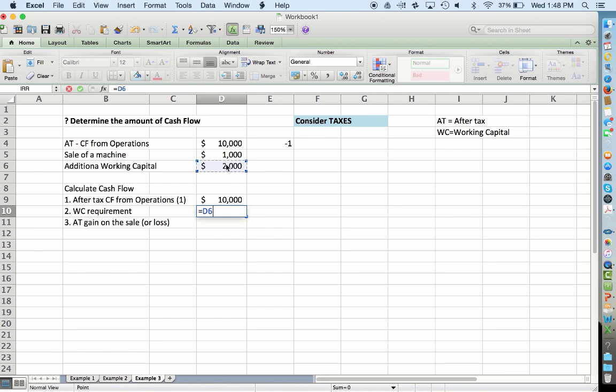Why is it a requirement down on the bottom, but just additional working capital? What does it mean by the phrase working capital requirement? So it means that we are going to add working capital to the business, and adding working capital is like adding cash.